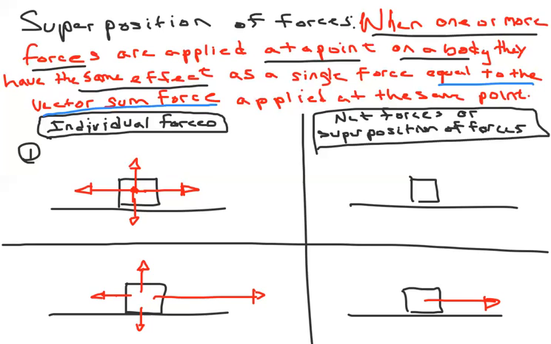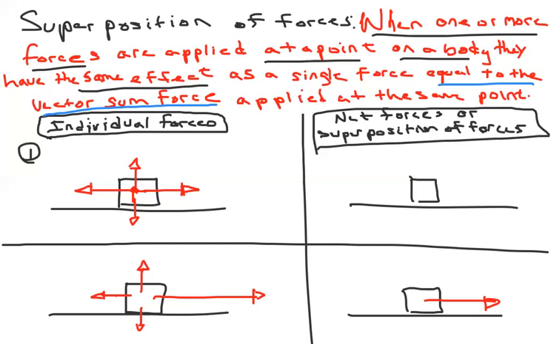So what that superposition of forces is saying is that you could have a bunch of force vectors applied at one point, and you should be able to take all those force vectors and turn them into just one vector that's going to equal the magnitude of all those vectors summed together. And that's what we're doing for net force.